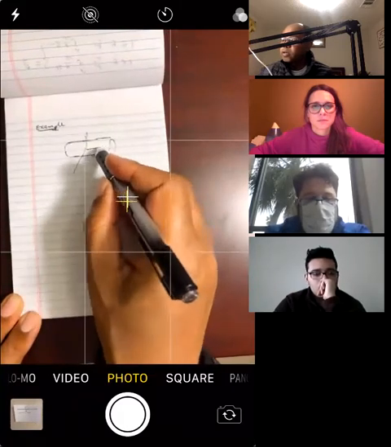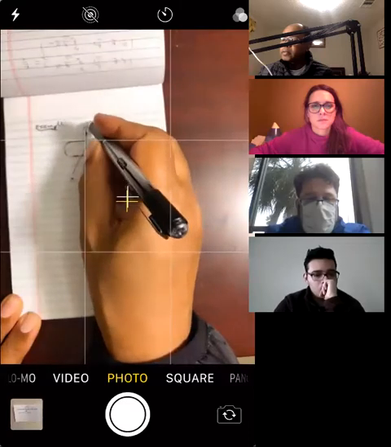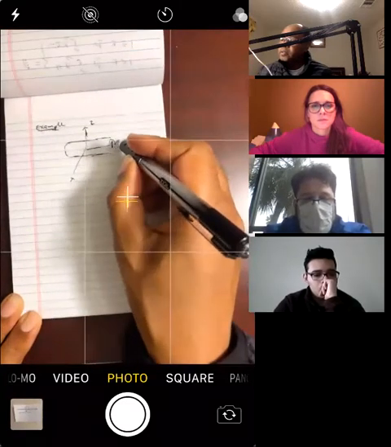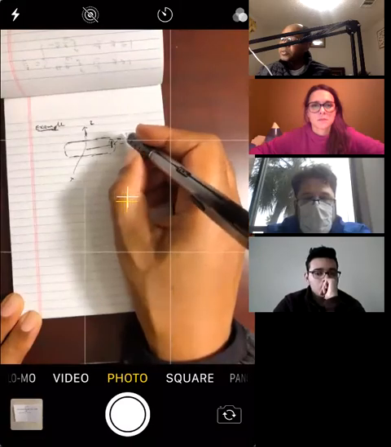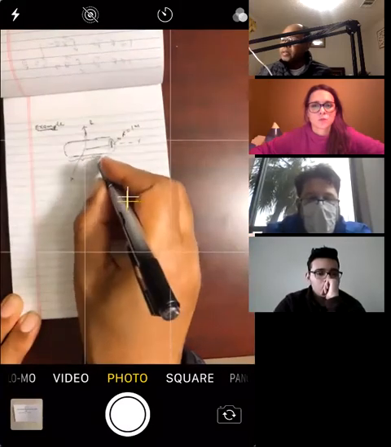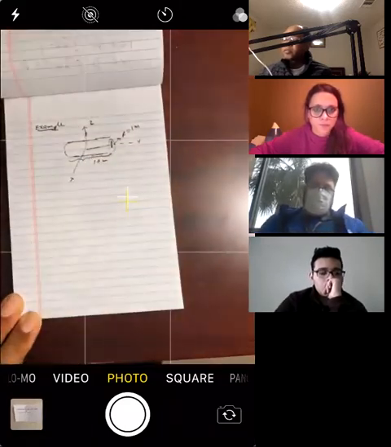Let's say this is the y-axis, so this is y, this is x, this is z. Let's say the radius of this one is 1 meter. Let's say the length is 10 meters. That's the length of the cylinder.